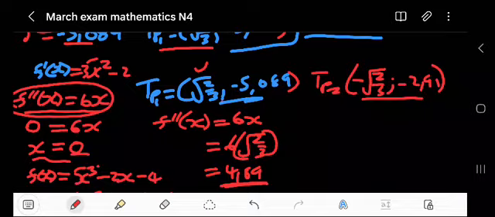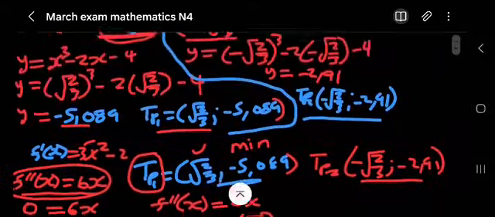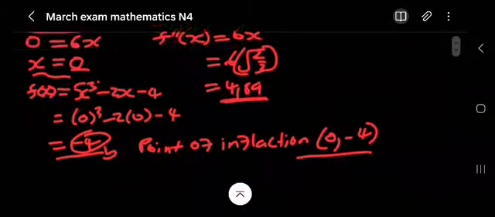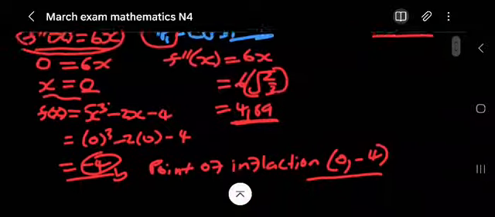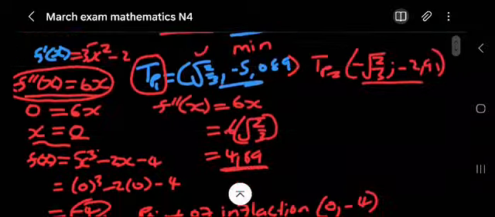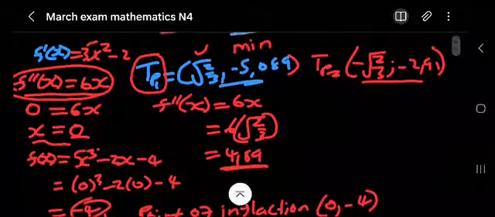That means turning point 1 is a minimum, because we've obtained a positive. We have discussed that, isn't it? So this will be the minimum, turning point 1, because our second derivative is positive.